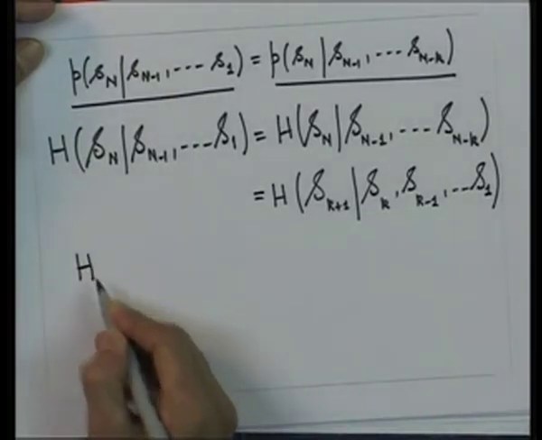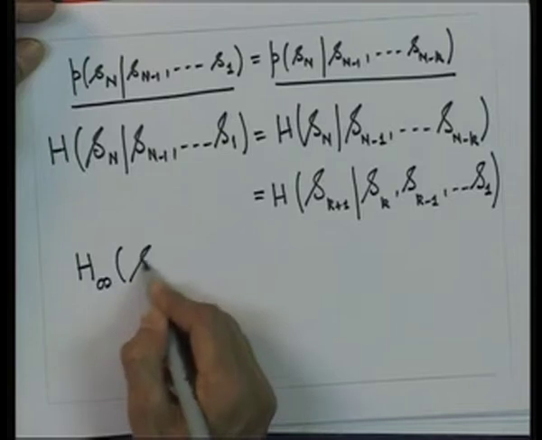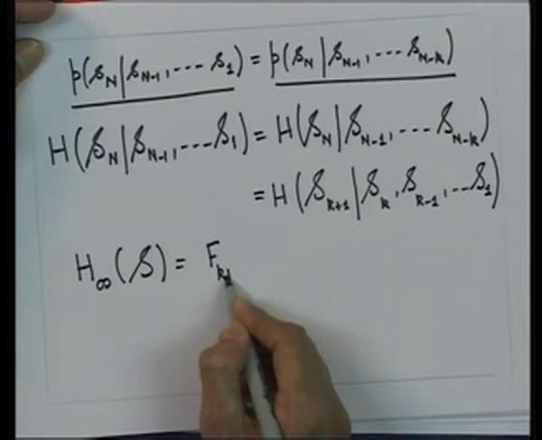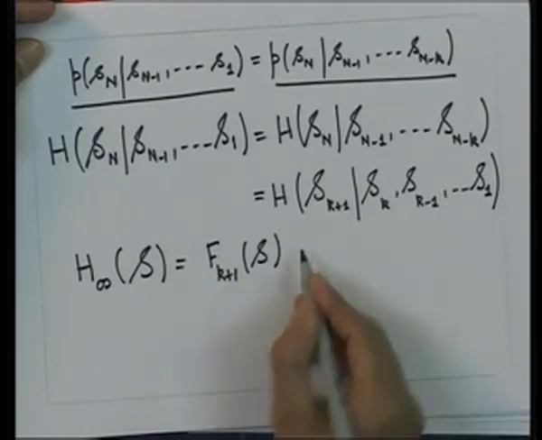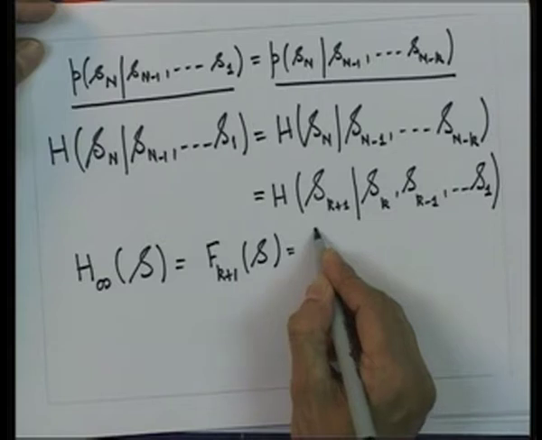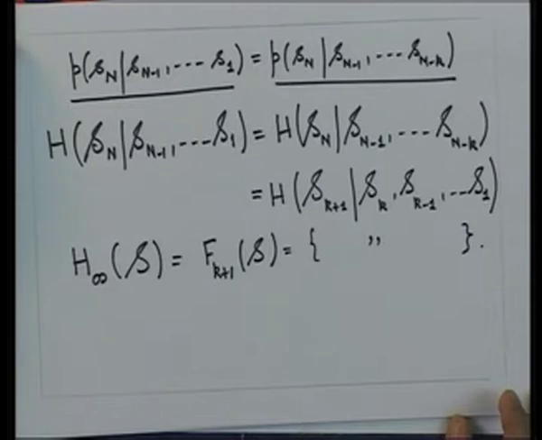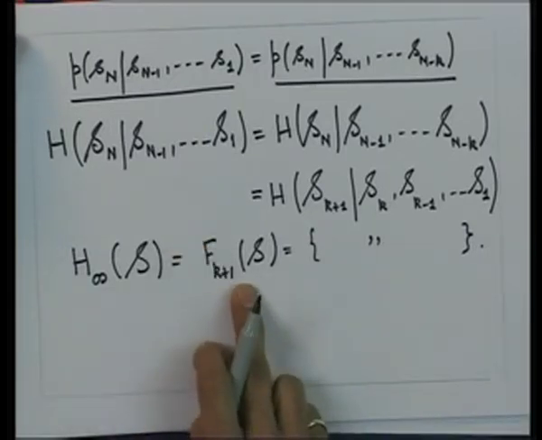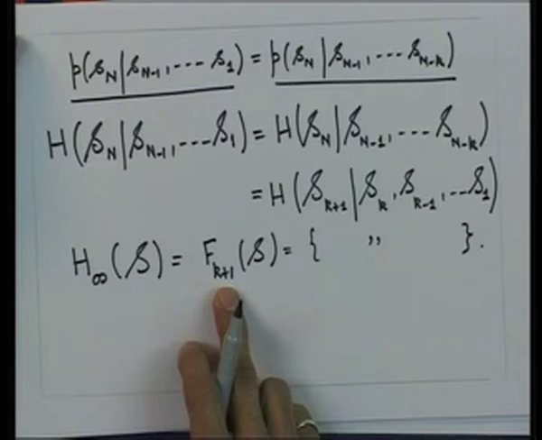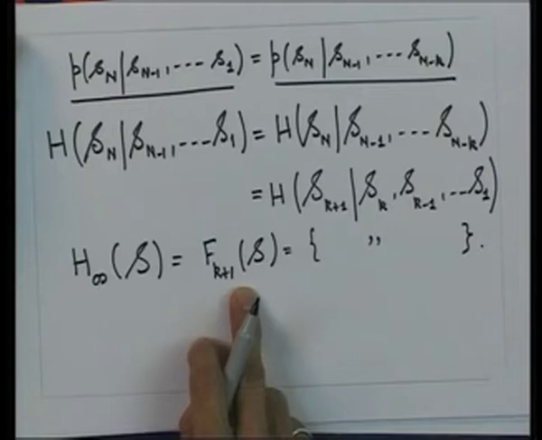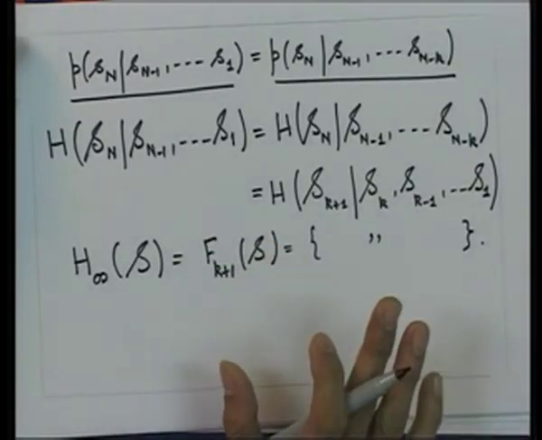So, for a Markov source of order k, H infinity S will be nothing but F(k+1)(S), equal to this quantity, because for n beyond k plus 1, this quantity will remain constant and it will not go lower than this value.